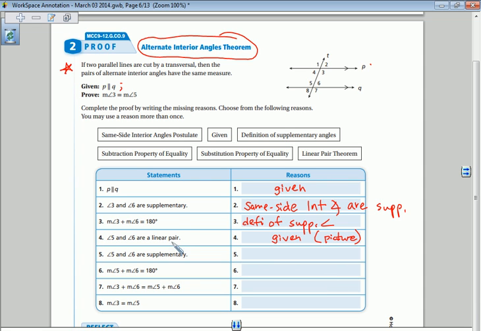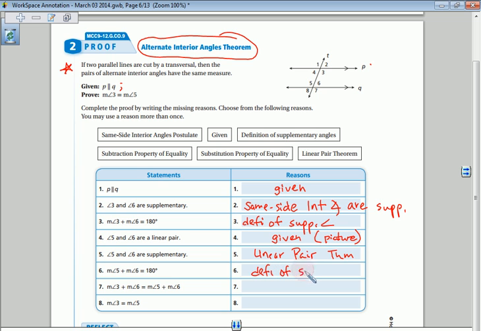Okay, so since they are a linear pair, then we know they are supplementary. Why? Linear pair theorem. Yes, we just learned about that. So since they're supplementary, they must add up to 180.